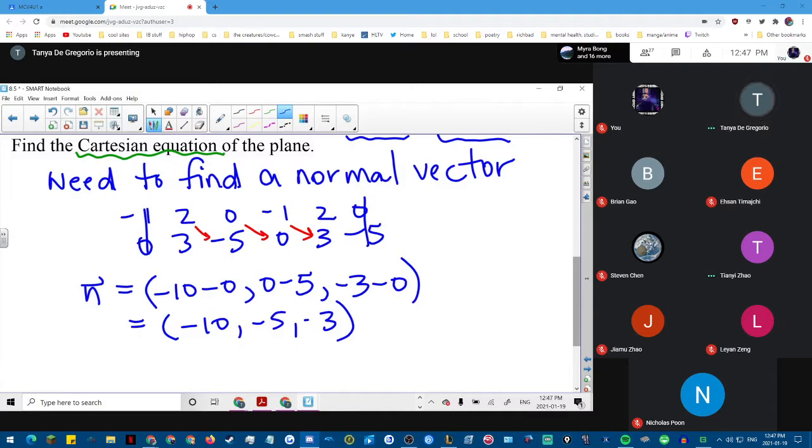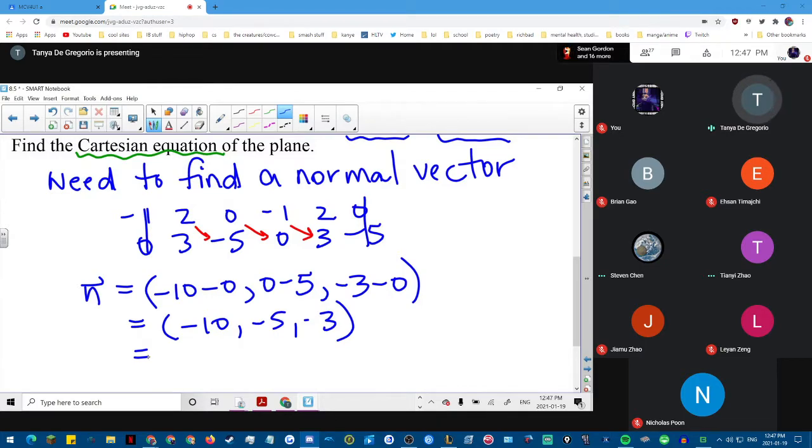Are there any questions? I have a question. Yep, go for it. How does finding the cross product find the normal? What do you mean? When you do the cross product, you always find the vector that's perpendicular to both vectors.